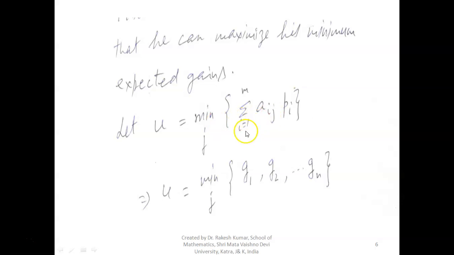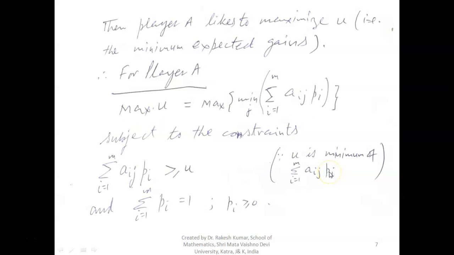So the minimum of this, let that be U. Therefore U is equal to the minimum of, let us denote these values by G1, G2 and Gn. Then player A likes to maximize U, that is the minimum expected gains.